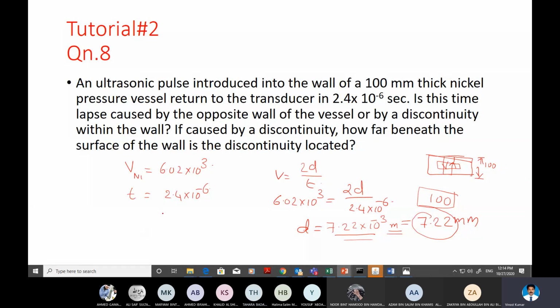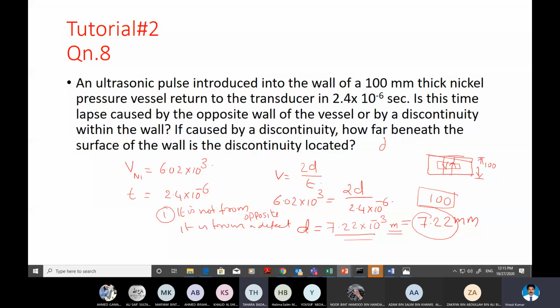The answer for this is number 1. It is not from opposite wall, correct? It is not from opposite wall, and it is from a defect.